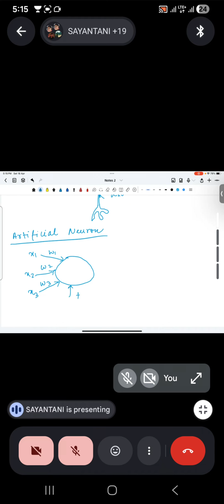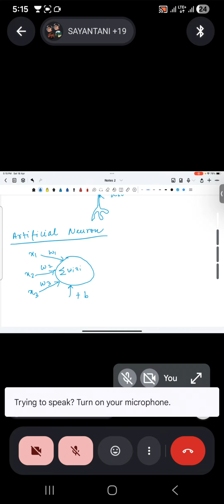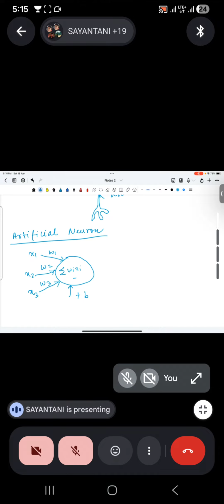You can have a bias term b over here. This is basically a summer. It will multiply the weights with your inputs and sum those values, and finally you will add a bias term. Whatever is the output, that is your net value, and the net value is sent to a non-linear unit, and then you're going to have some out value.